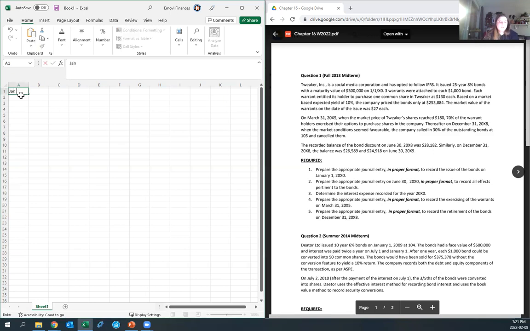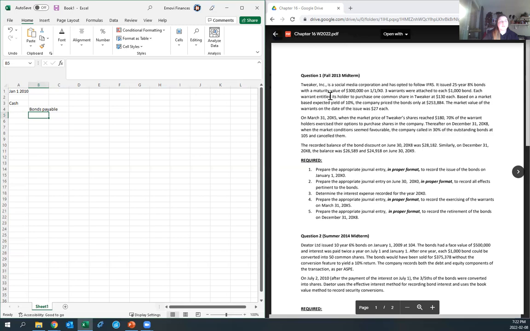That's what we're going to do. So how did we issue bonds last week? We had a cash amount that we received. We had a bonds payable amount for the present value of the bonds. And now what we're going to add to it is our warrants portion.